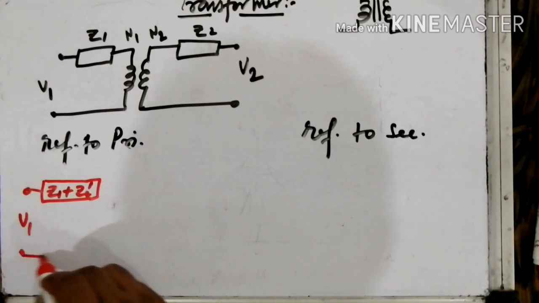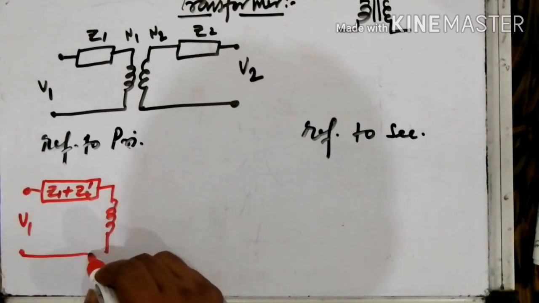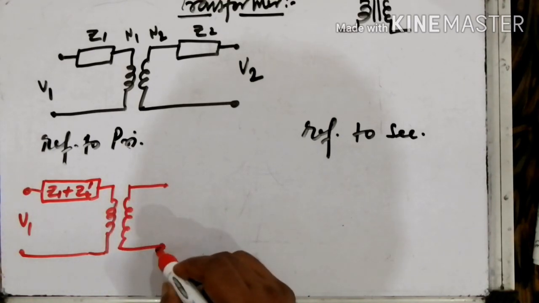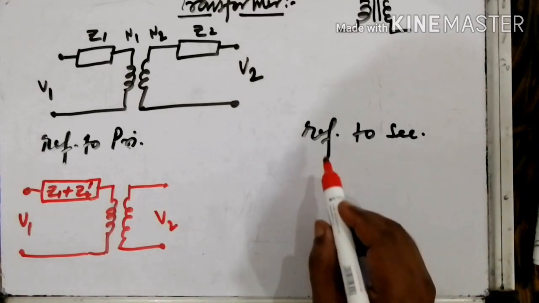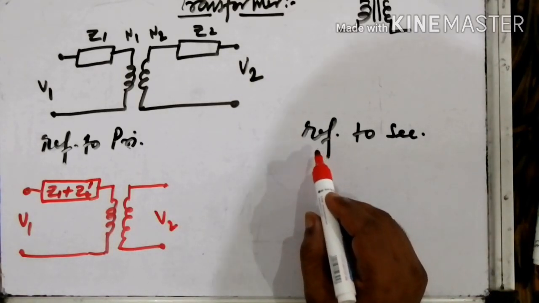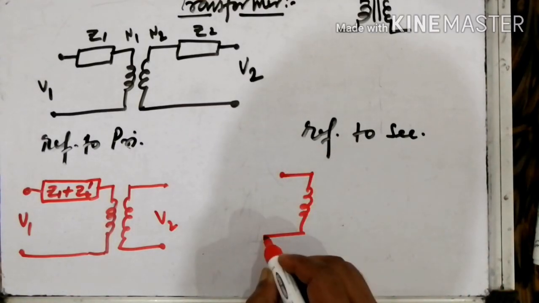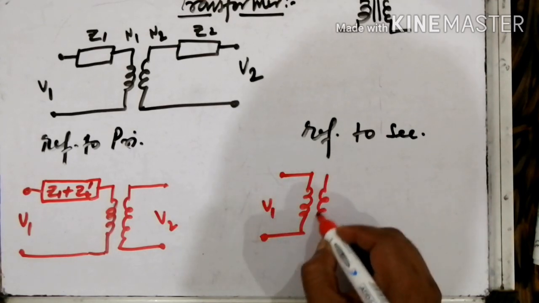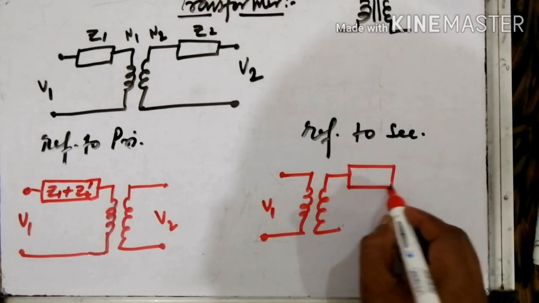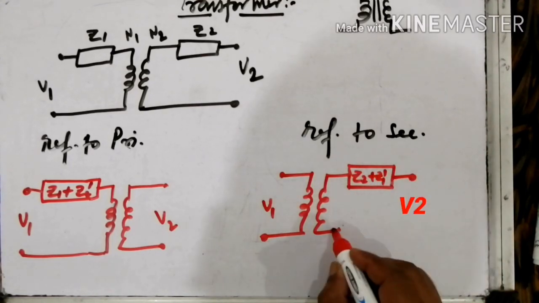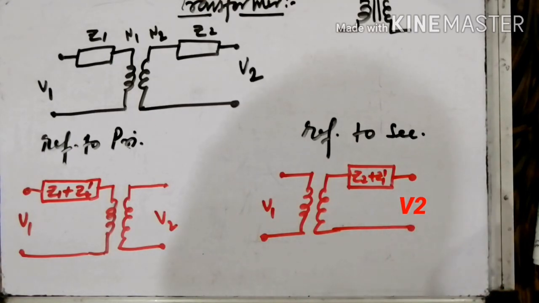It should be V1. This is the coil. Here it is V2. When it is referred to secondary, it will look like this, with the impedance part Z2 plus Z1 dash. Here we are neglecting the shunt branches.